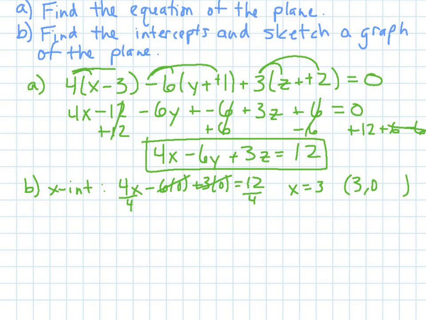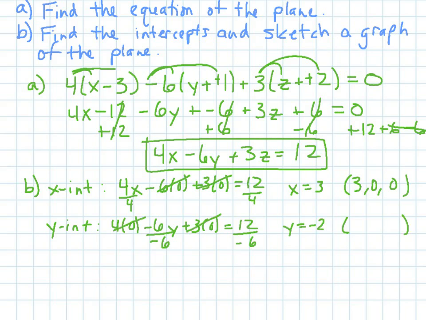so my x-intercept is 3, 0, 0. Okay. For the y-intercept, that means that x and z are 0 this time. So 4 times 0 minus 6y plus 3 times 0 equals 12. So that makes those go away. I divide by negative 6. So y is equal to negative 2.